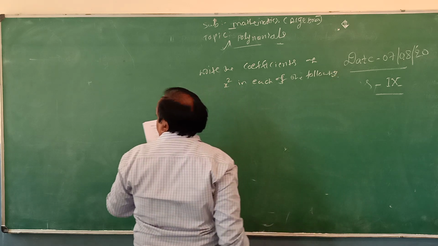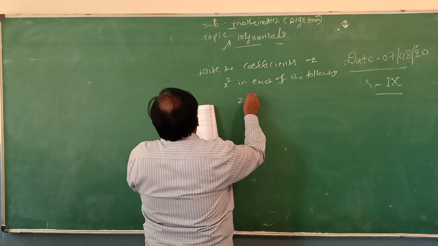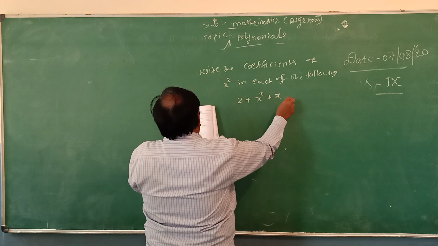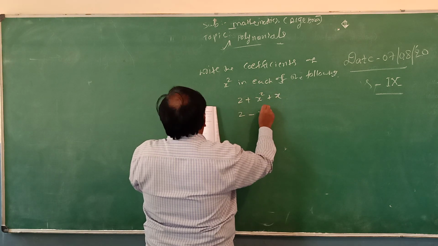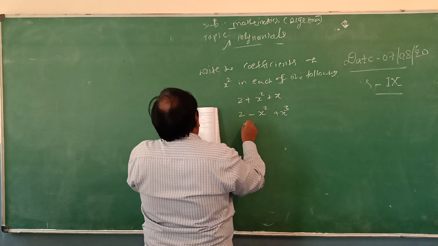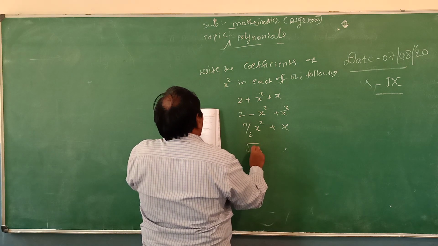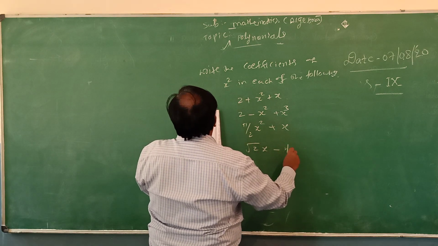Write the exponents of each of the following: 2 plus x square plus x, 2 minus x square plus x cube, pi by 2 x square plus x, root of 2x minus 1.